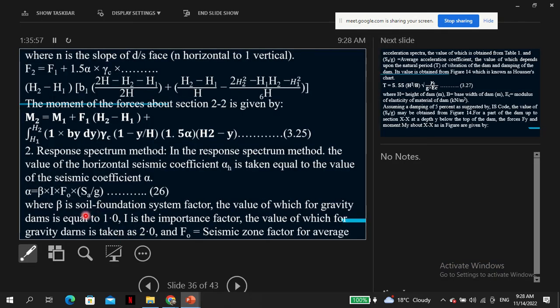So for gravity dams, that value is 1.0. I is the importance factor, the value for which for a gravity dam is taken as 2.